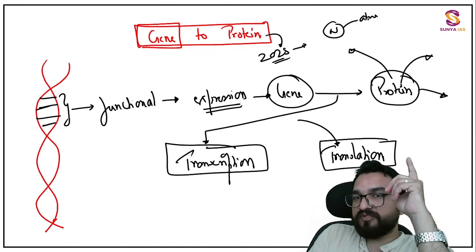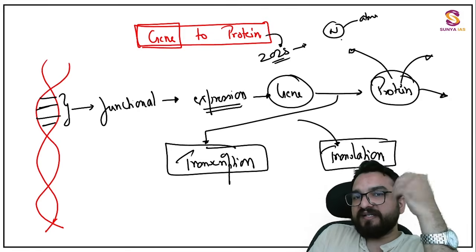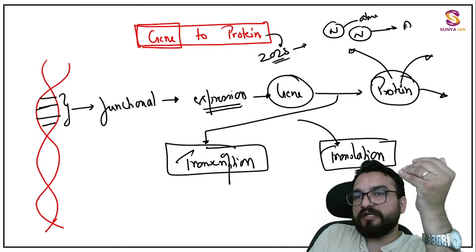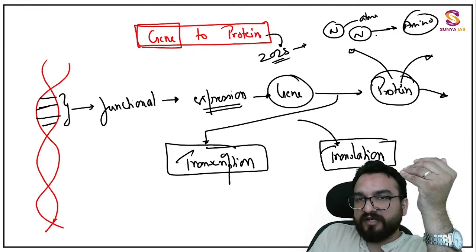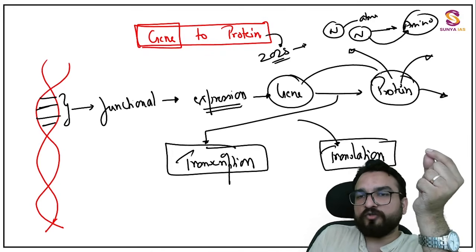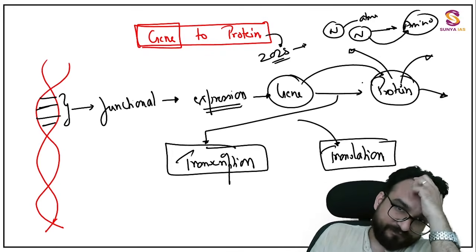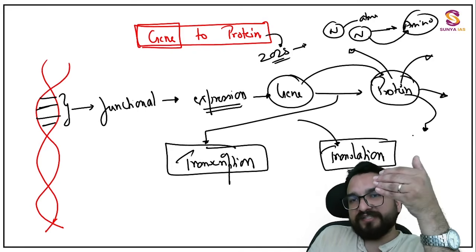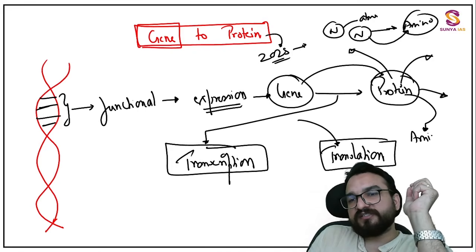They asked about nitrogen fixation from paper 1, and then how nitrogen is converted into amino acids. Conversion of nitrogen into amino acids is nothing but the gene to protein expression, because protein is nothing but a compilation of amino acids.